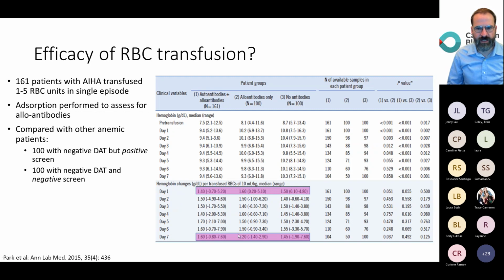There was a bit of a decrease in patients with alloantibodies and a negative DAT, so a bit of a lower response in that group, not in the patients with autoimmune hemolytic anemia. So this suggests that transfusing cross-matching incompatible units for patients that have autoimmune hemolytic anemia, and where you've ruled out other alloantibodies, is an okay practice.